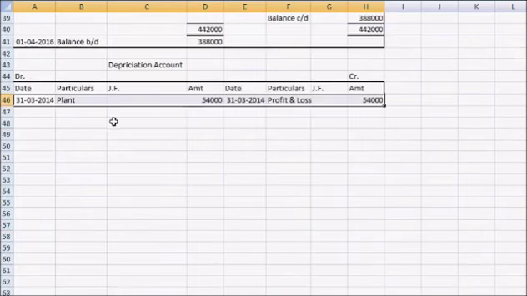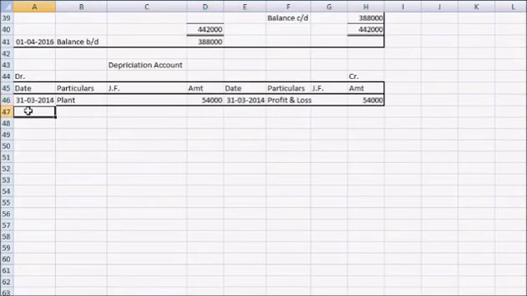We'll put in the next year's entry similarly, like 31st March 2015. We'll write plant.